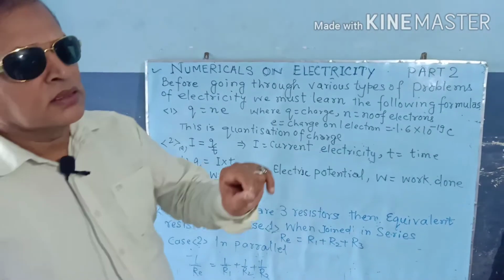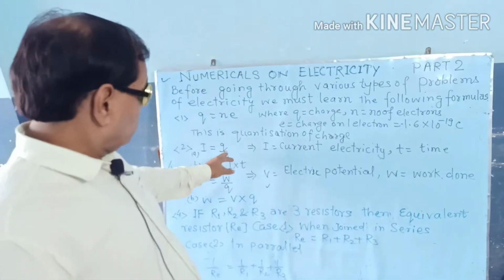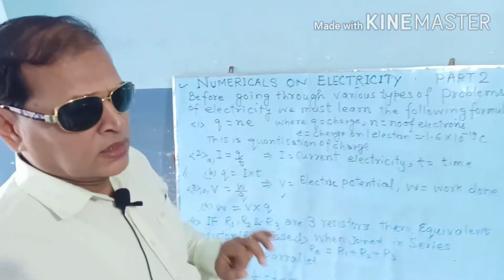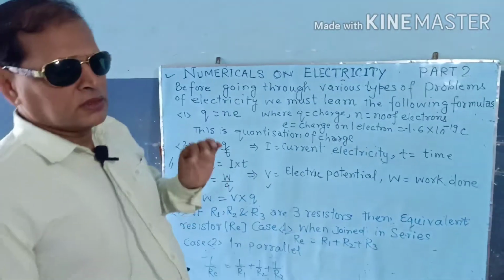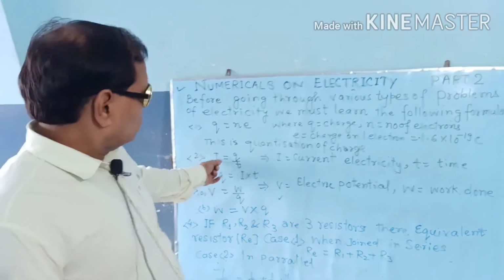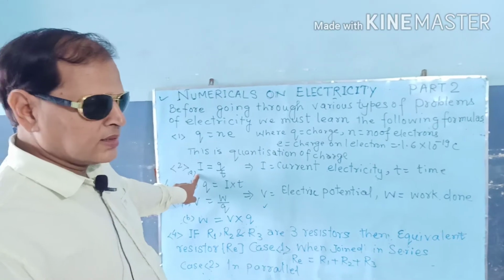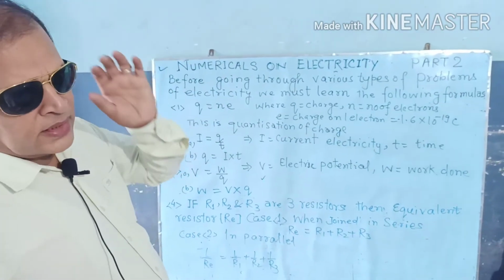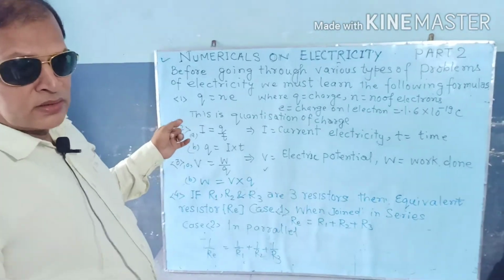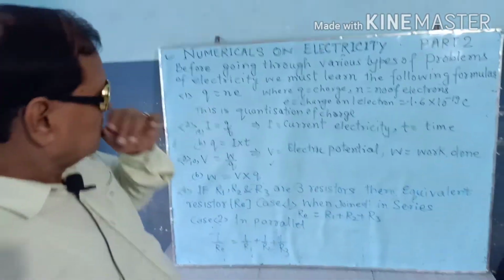So you must see that if Q and T, charge and time, are given in your problem, and the problem says to find the electric current, then you will utilize this formula, because if the charge and time are given, you can calculate the current. It should come wisely to mind that this formula will be utilized. There is no searching for the formula or confusion about this.